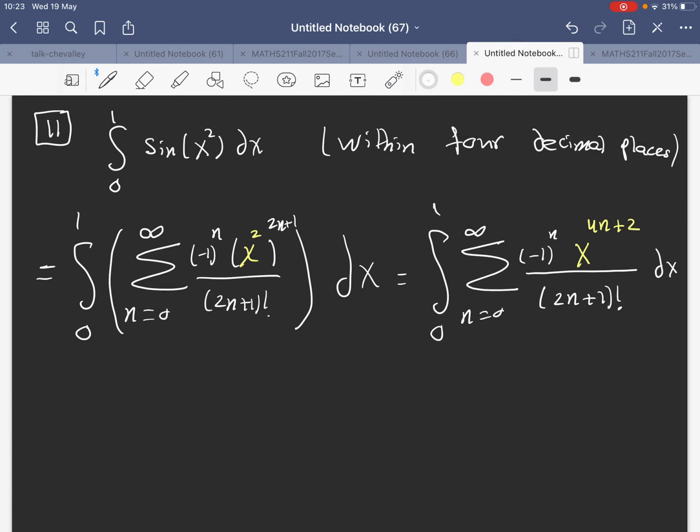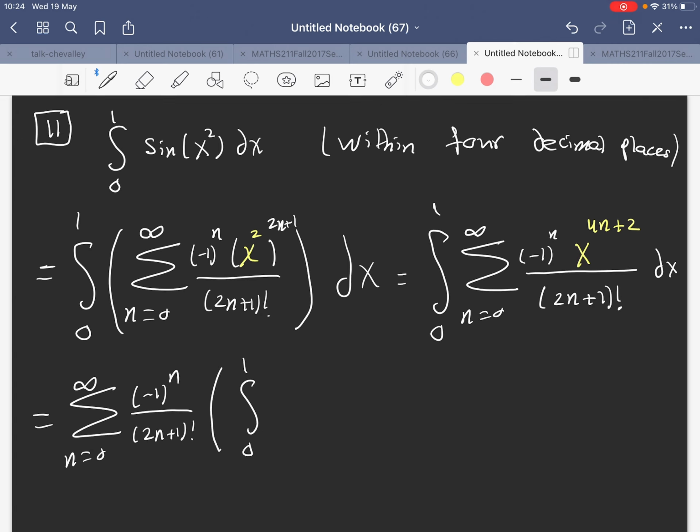Now, of course, the summation and the integral can be exchanged. Everything with n can go outside. They have nothing to do with x. And then we have this integral, which is from 0 to 1, x^(4n+2) dx.